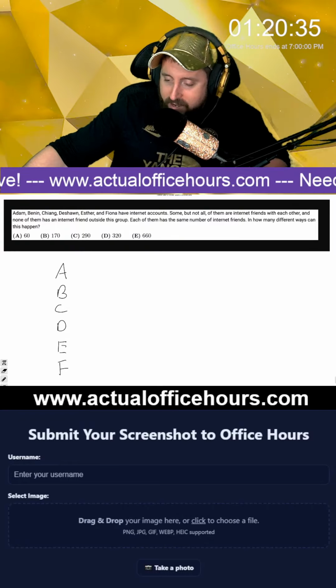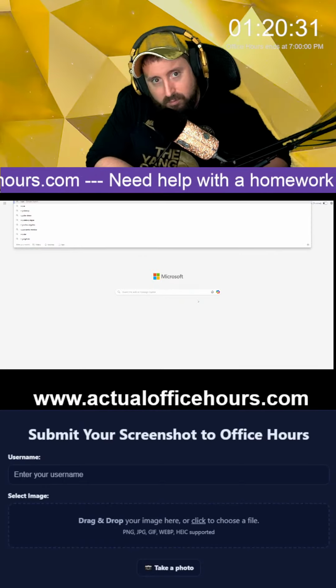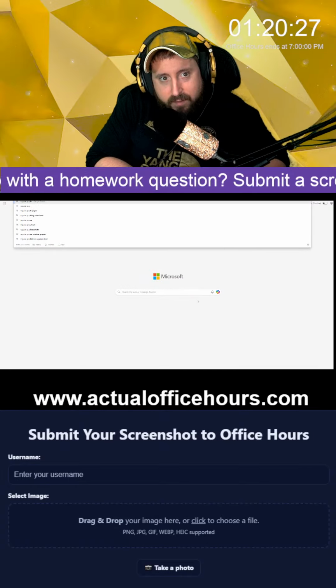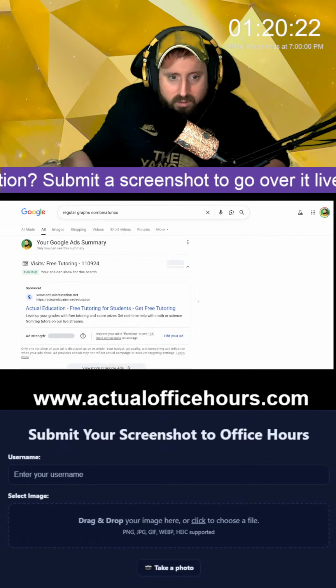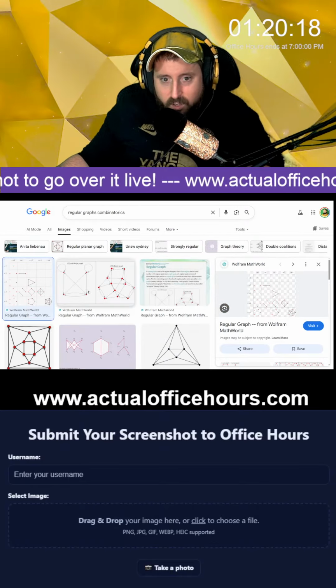Okay, what are regular graphs? I see this word getting thrown out a lot. What is this? Regular graphs in combinatorics. Dude, what is this?